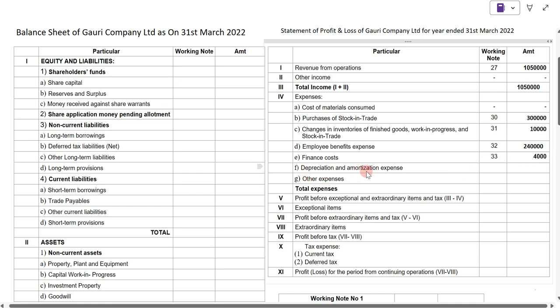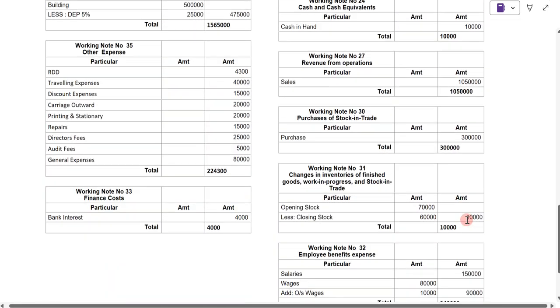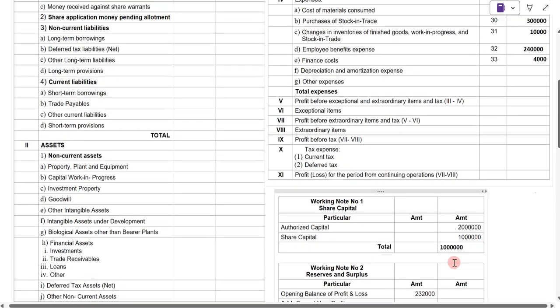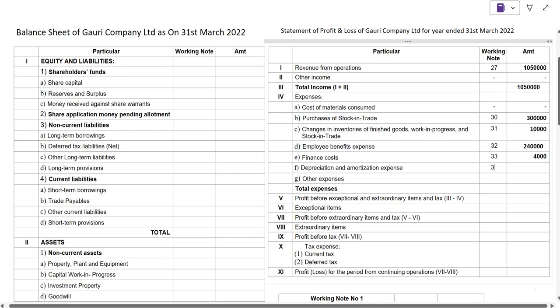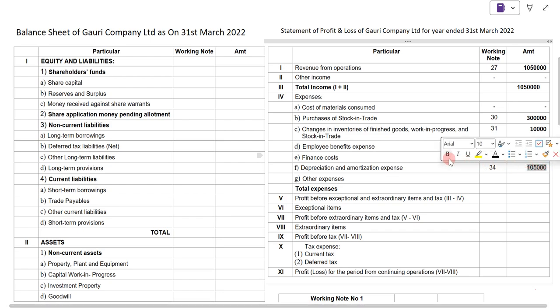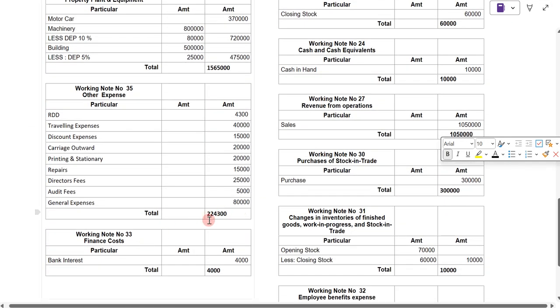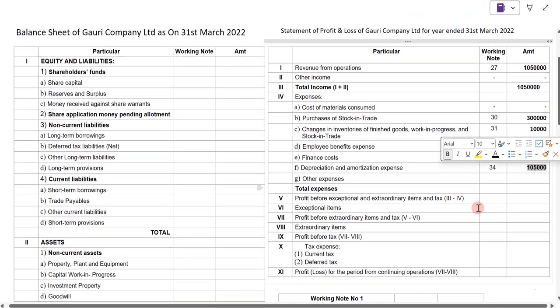Then depreciation and amortization expenses, note number 34, total of note number 34 is 1,05,000. Then next is other expenses. Other expenses total is 2,24,300, note number 35.